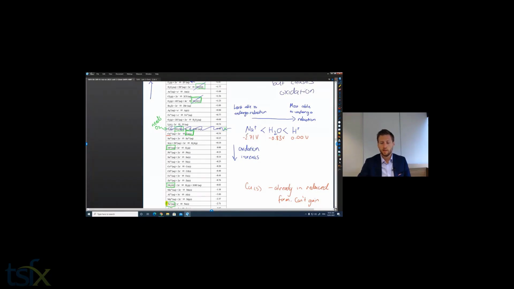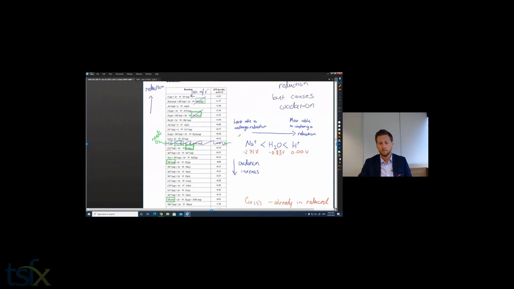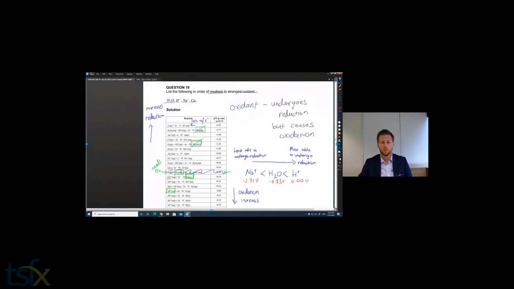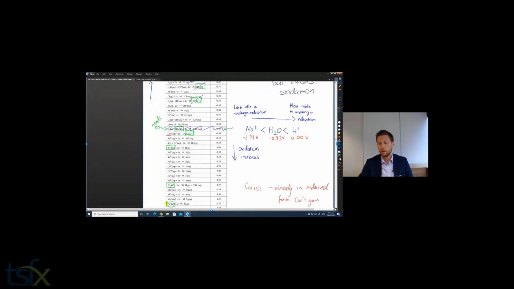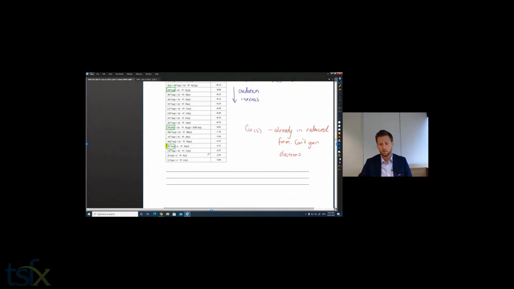On the far left, no, because it's already reduced. Yeah, it's relative, you're right, but it specifically said oxidant. So copper is not an oxidant. And the same thing last year on the exam: fluorine can't be reduced, so fluorine is actually not an oxidant there. It can't be reduced by anything else. So you can't say it's a stronger oxidant or stronger reductant. So no, it's not correct to put copper there, because copper can't be reduced. So it's not an oxidant.